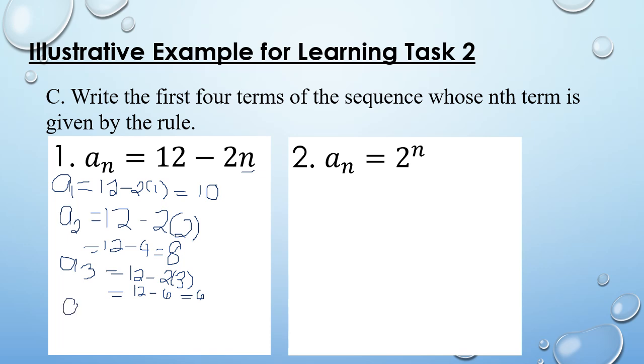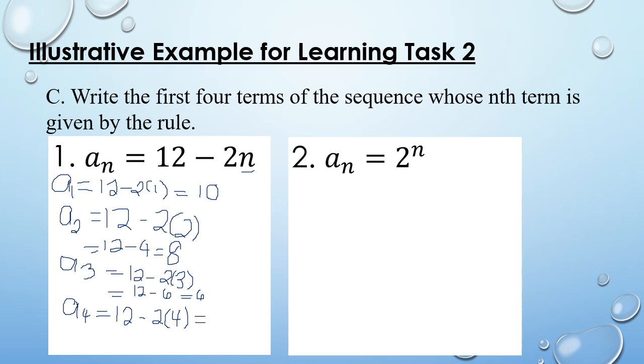Okay, patawarin ang ating handwriting, gawa ng gumagamit lang tayo ng mouse. So now we have a sub 4 is 12 minus 2 times, our n now is 4. So 12 minus 2 times 4 is 8.